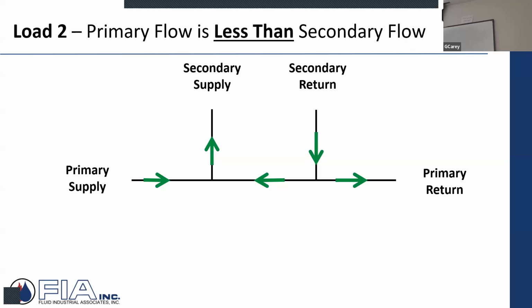Second scenario, primary flow is less than. So this GPM here is going to be lower than this. So in this case here, we have 40 gallons a minute on the primary, and we have 55 gallons a minute on the secondary. You say, well, how can that happen? And again, this decoupling, but what he'll say is that 55 gallons a minute coming back here, it hits this T, which way do I go?